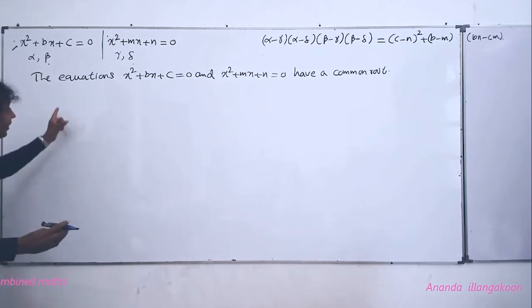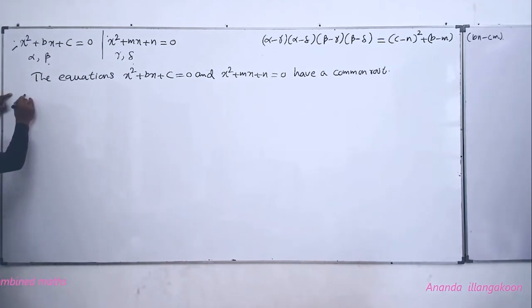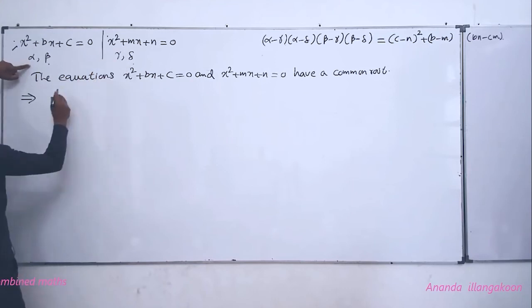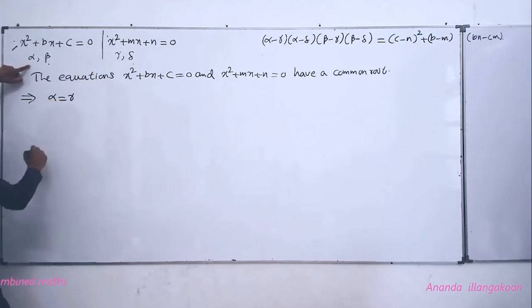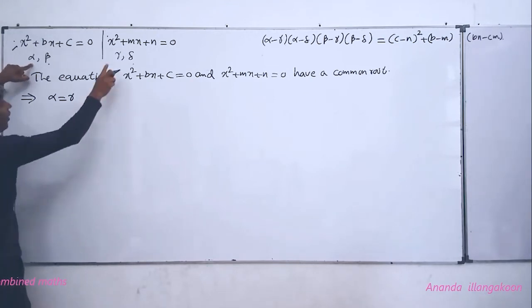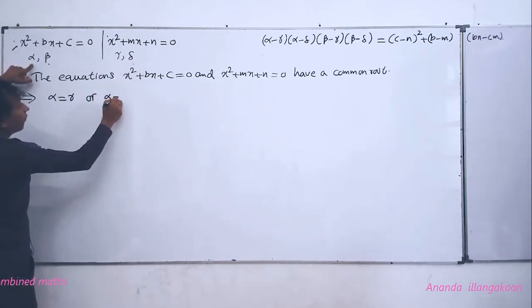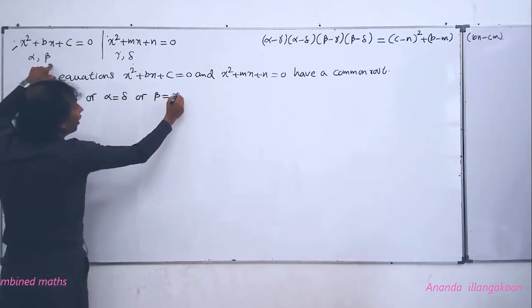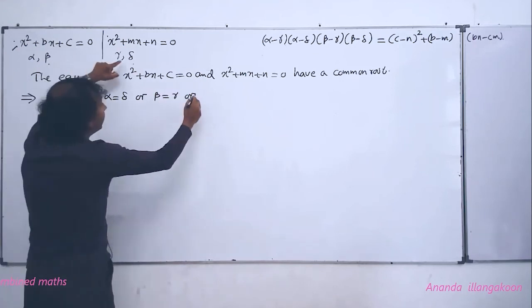Right. People, this statement says what? This statement says for these two equations to have a common root, that can occur by equating alpha and gamma. If this alpha and gamma are equal, they will have a common root. Or alpha and delta, or beta and gamma, or beta and delta.